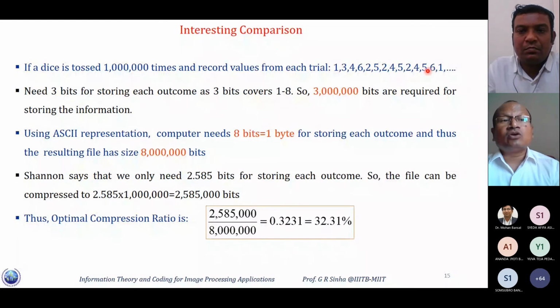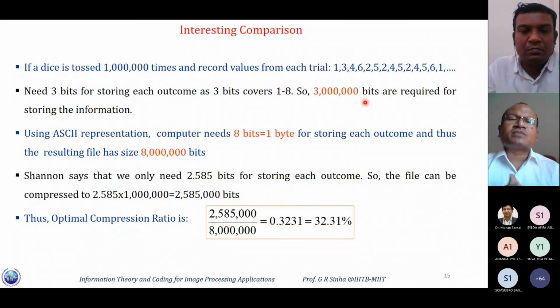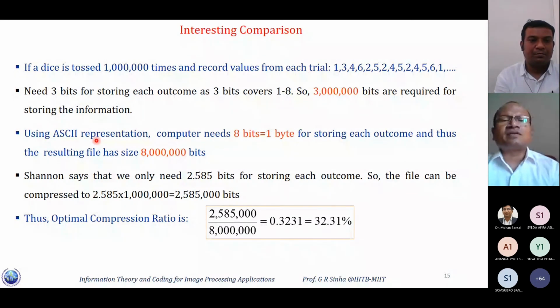But how many times are we tossing? 1 million. So 3 million bits will be required to store the outcomes of all these events. And when you are encoding using ASCII representation, we know that 1 byte is 8 bits. So this results in around 8 million bits in order to store the complete outcome of this particular event.